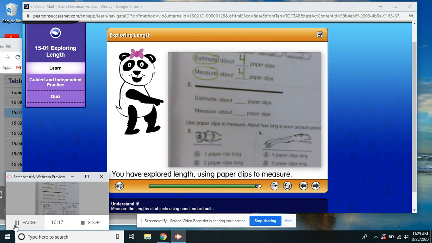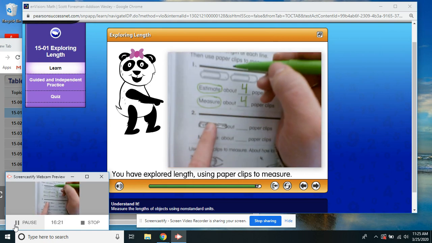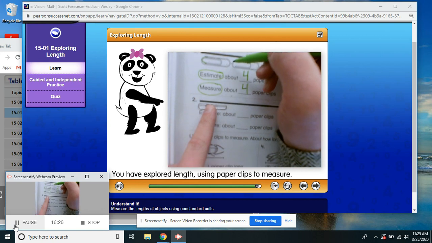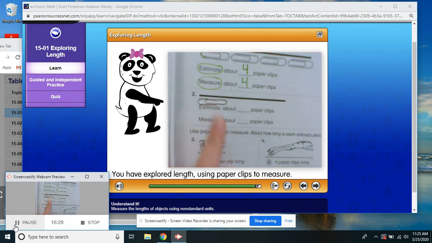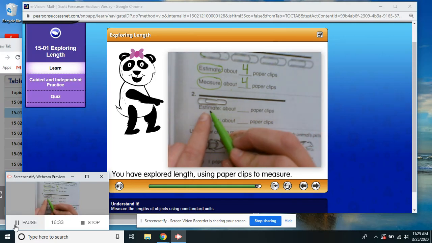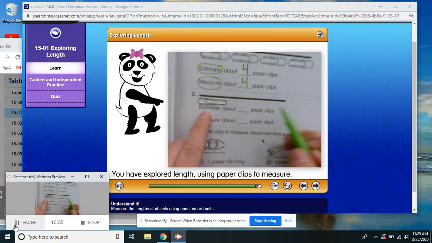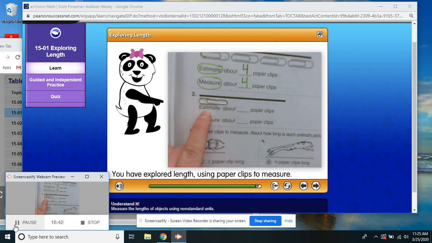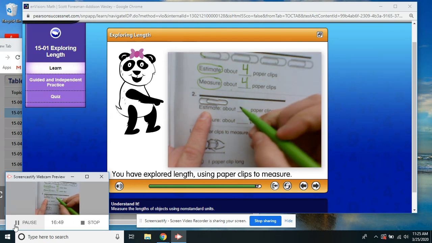So for number 2, if you have a paper clip, you can use it, or you can look at these paper clips up here in order to measure this line. So before I measure my line, I'm going to estimate how long this line is in paper clips. Here is 1 paper clip on our line. I know I will need another paper clip in order to measure my line here.